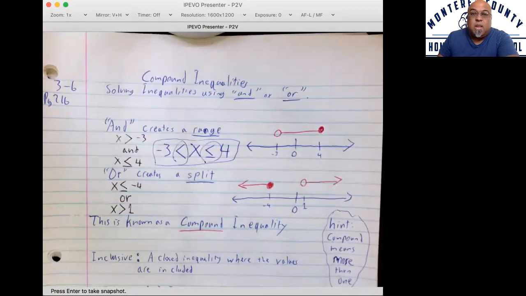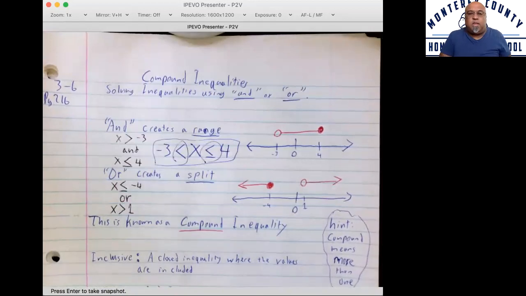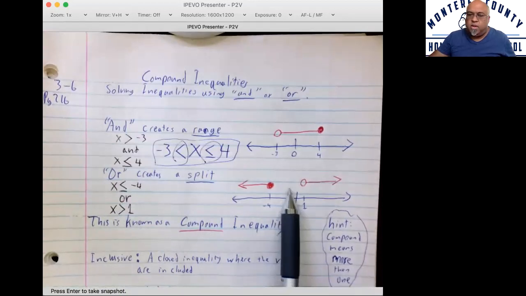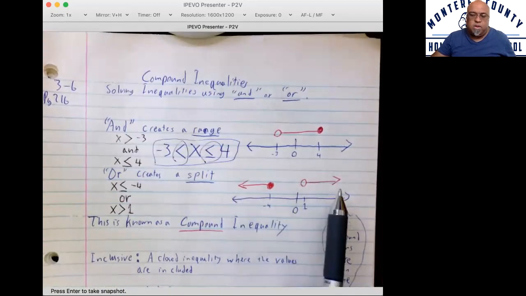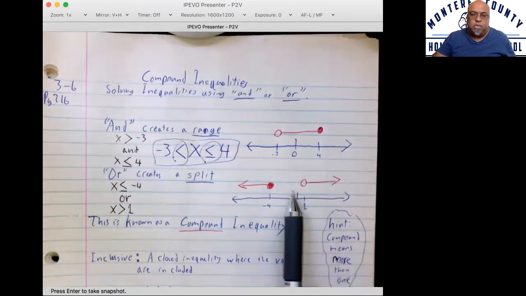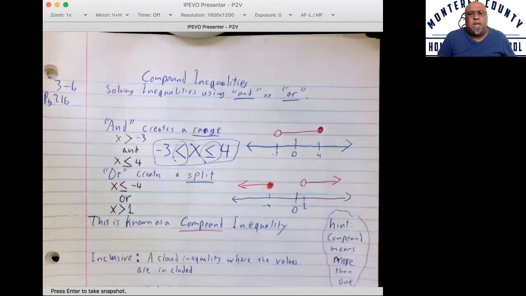Okay, now in a situation like this, it cannot be both, but we use the word or because sometimes you might end up with a situation saying that it can be one or the other, but it's not going to be in between these two possibilities. It can either be less than here or it can be greater than here, but it cannot be in between them. Okay, so that happens sometimes.